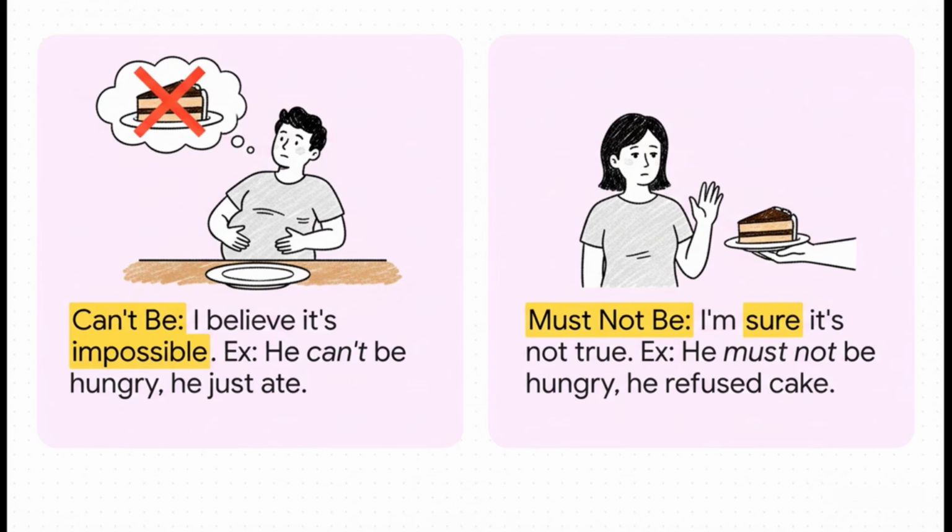Why? Because the clue is that he just ate a massive lunch. It feels logically impossible for him to be hungry. Now look at the right. The clue is he said no to cake. You deduce he must not be hungry. It's a strong guess for sure, but it's not impossible. Maybe he just doesn't like cake. So remember, can't is your special tool for when something just feels outside the realm of possibility.